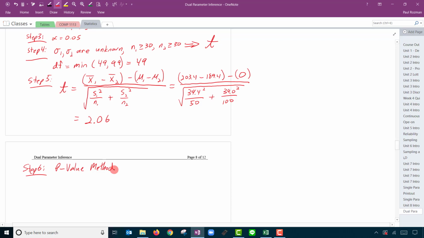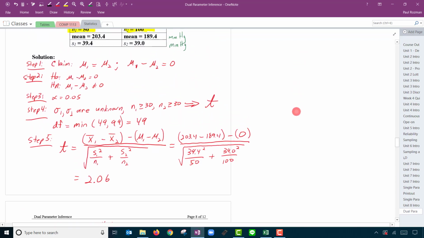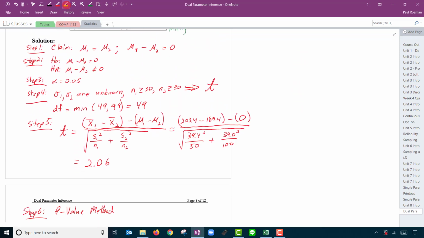Is this left, right, or two-tailed? Well, I need to go back up and look at my hypotheses. What would make me reject the null hypothesis? Well, I'd reject that if I had a difference that was way above 0 or way below 0. So it's a two-tailed test. Basically, HA says as long as it's different from 0, reject.